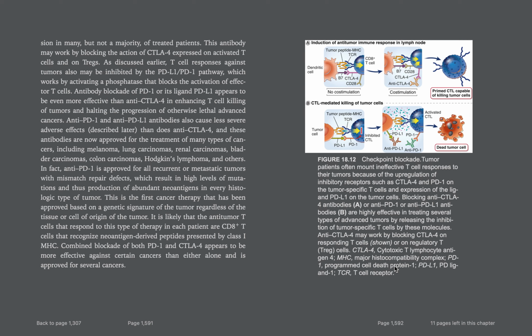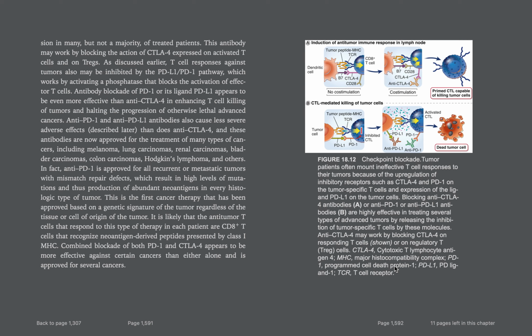Anti-PD-1 and anti-PD-1 ligand antibodies also cause less severe adverse effects, described later, than does anti-CTLA4, and these antibodies are now approved for treatment of many types of cancer including melanoma, lung carcinoma, renal carcinoma, bladder carcinoma, colon carcinoma, Hodgkin lymphoma, and others.